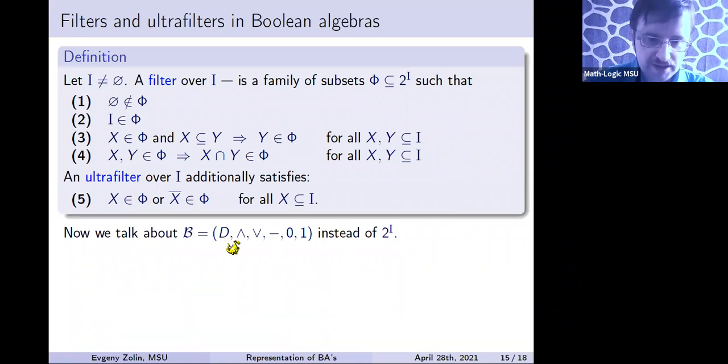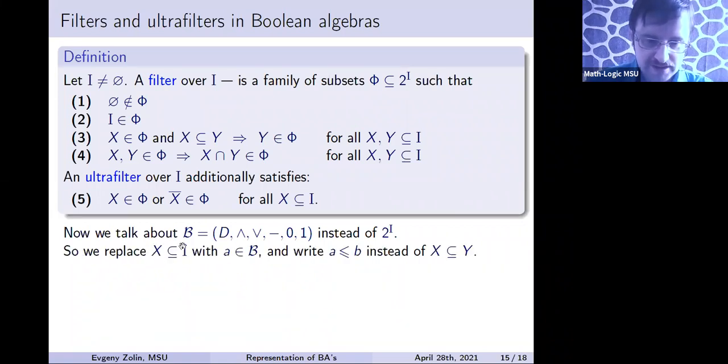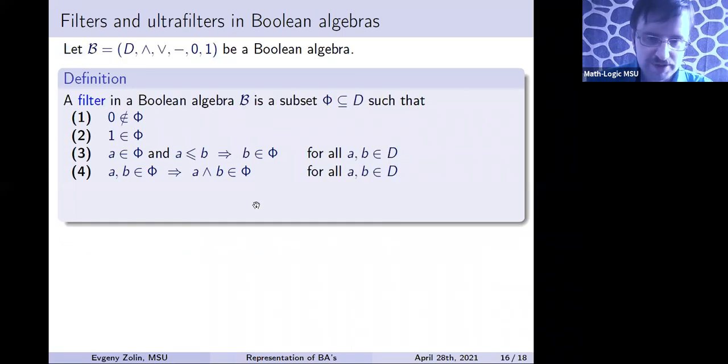Namely, instead of X is a subset of I, we will write that some element is an element of B, or of D, it's the same. And we will write A is below B instead of X is a subset of Y. And of course, instead of intersection here, we will use conjunction. And so we obtain the following definition.